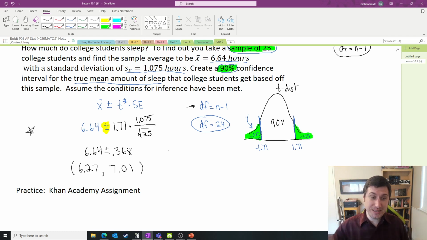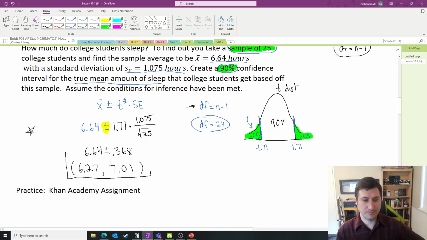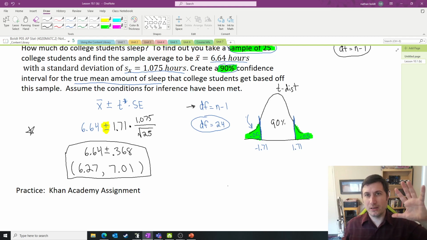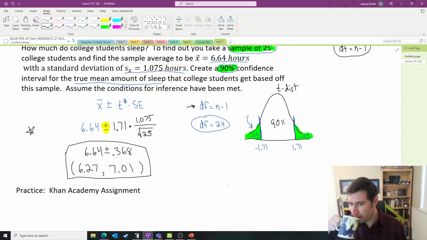The true mean amount of sleep that college students get. All right, ladies and gents, ask me a question. Anything on that calculation not make sense?